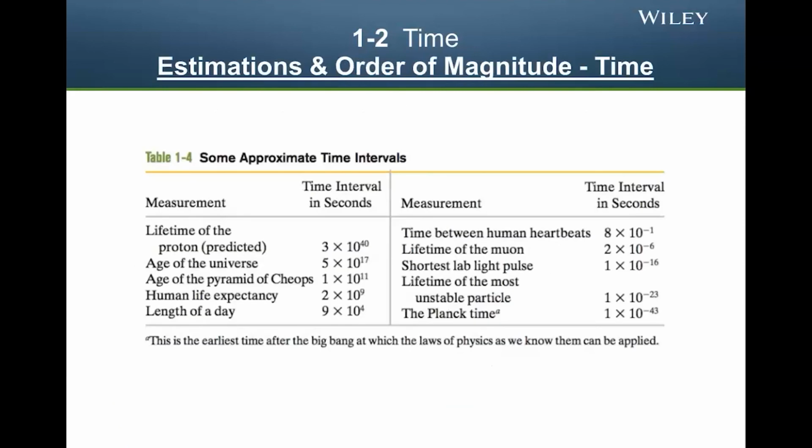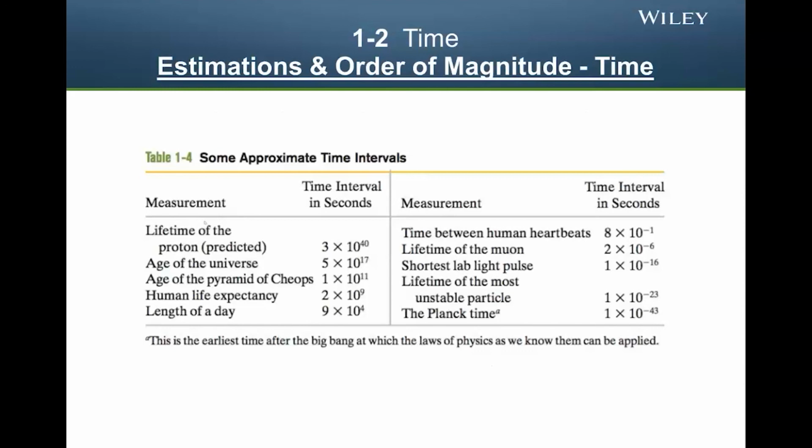Okay, so time. There are some random times here to give you an idea. You can put it in scientific notation here: time between human heartbeats, etc. The Planck time. Oh, they really like this, don't they? This is the earliest time after the Big Bang at which the laws of physics as we know them can be applied. So, a very short amount of time, right?